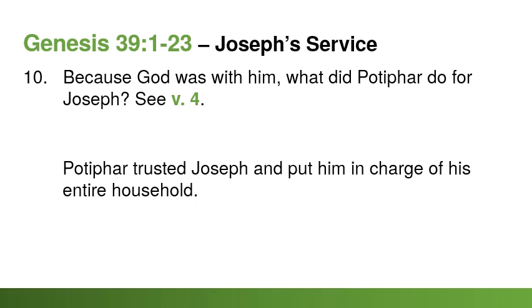You might expect that Joseph would be a little bit resentful, a little bit angry at God, angry at life, angry at the world. But here Joseph is doing good and faithful work, and Potiphar notices that and trusts Joseph and puts him in charge of his entire household. That's how much he trusts Joseph. That he is put in charge of basically everything that Potiphar owns.